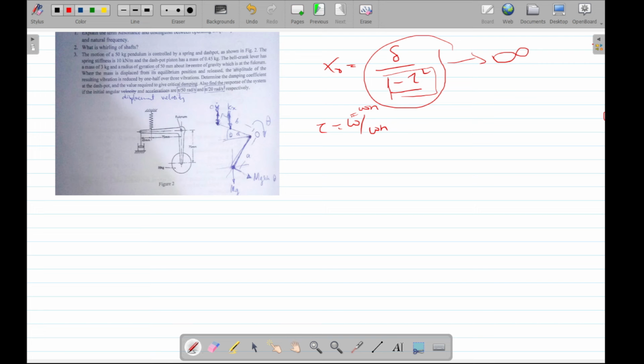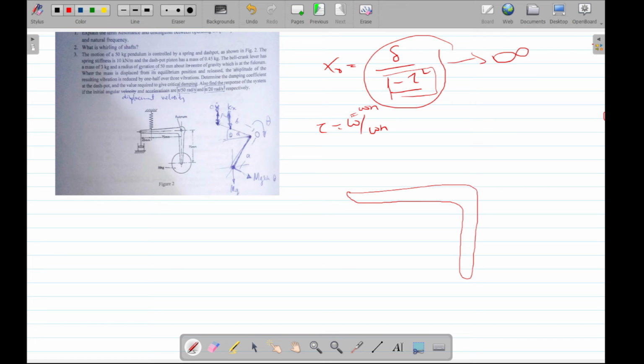So there's a dumbbell problem. Let's catch here. The motion of a 50 kilogram pendulum is controlled by a spring and dashpot. The stiffness K is 10 kilonewton per meter and the dashpot piston has a mass of 0.45 kilogram.